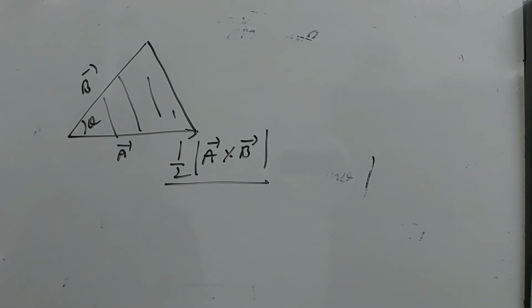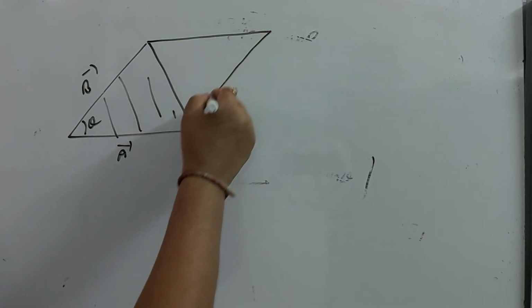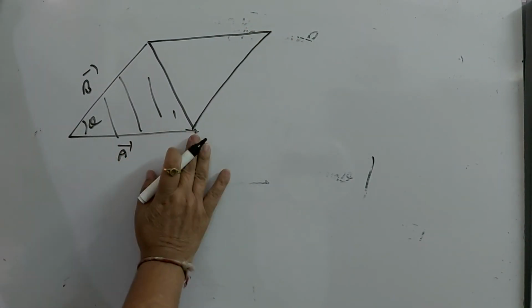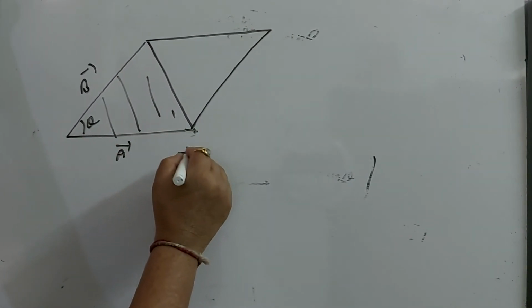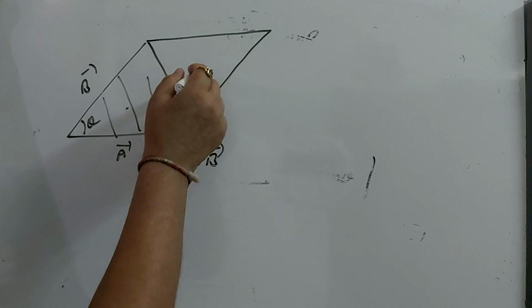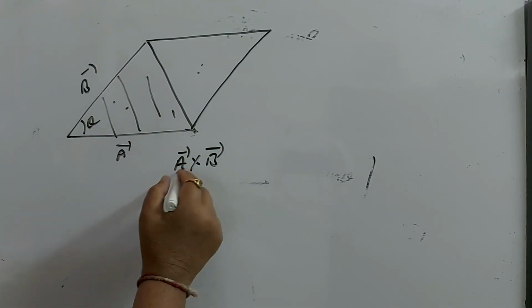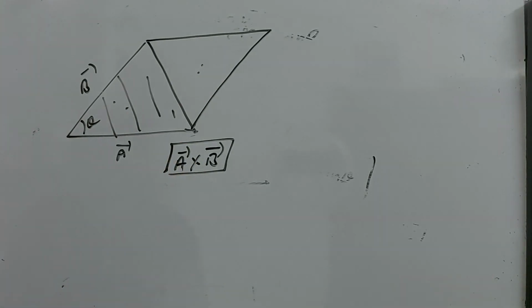And similarly, if we have a parallelogram, the area of this will be equal to A cross B. There is no need of making half of this, because the area of this parallelogram will be double that of this triangle. So this is A cross B. So this is the area of the parallelogram.